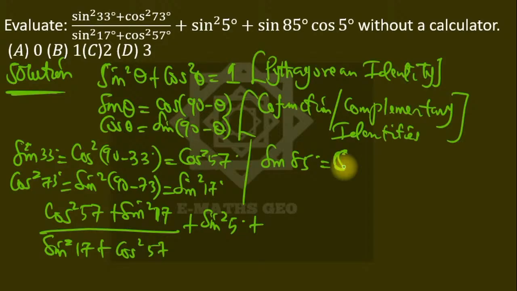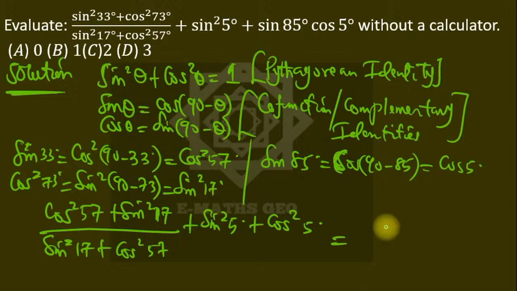So this is now cos 5 times cos 5, which is cos squared 5 degrees. And from this, you see that our answer, this is 1, while this is also 1. So the answer is 2. So it's a very tricky question. It's a nice question, but tricky. Thank you.